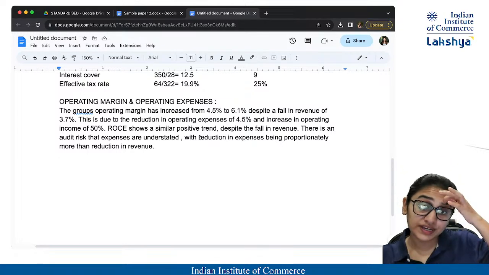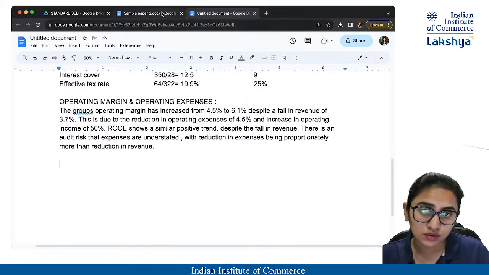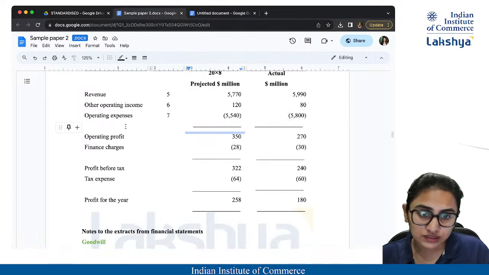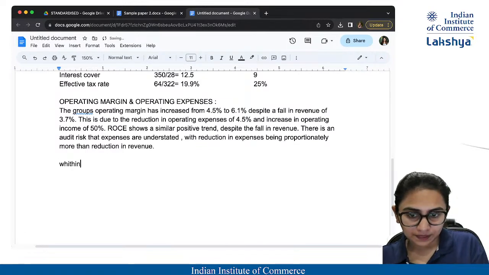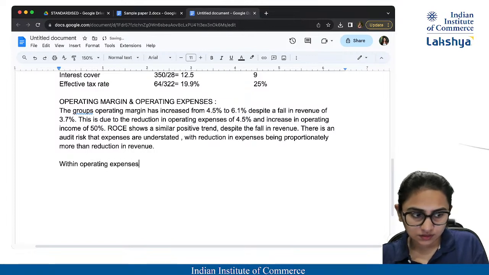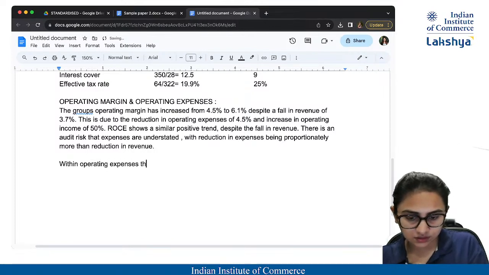But within operating expenses also, if you see, the trends are different in each category. So for example, within operating expenses, trends for each component are different.